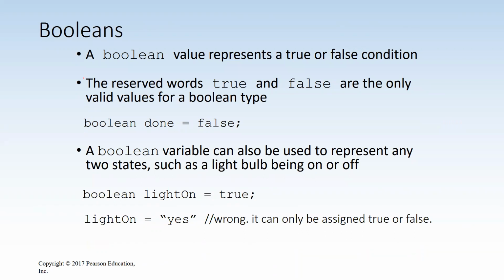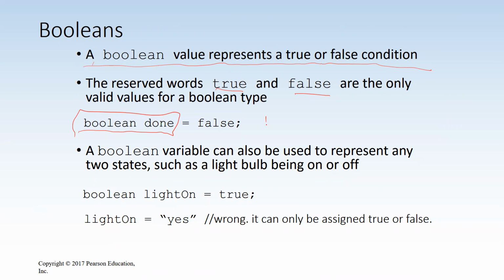Boole is a mathematician, I think, and this is in honor of him. A Boolean value represents a true or false condition. The reserved words true and false are the only valid values for a Boolean type. So if your variable is a Boolean type like this, you can only assign false or true to it.